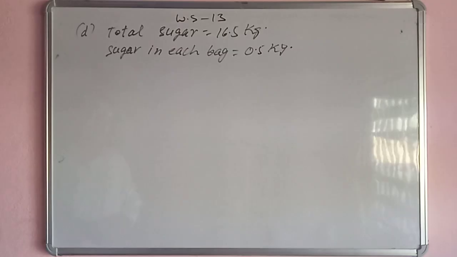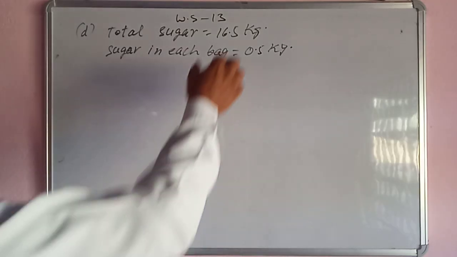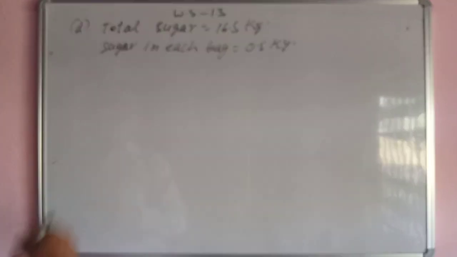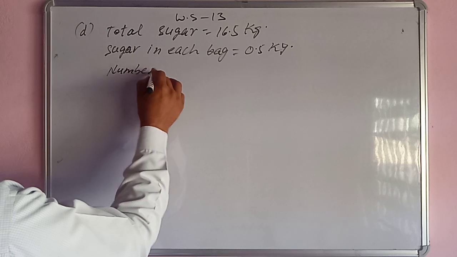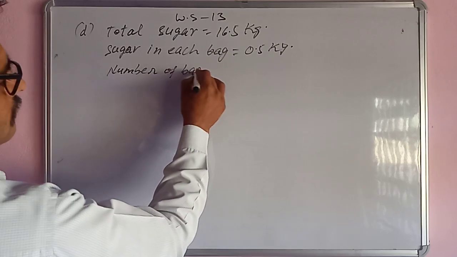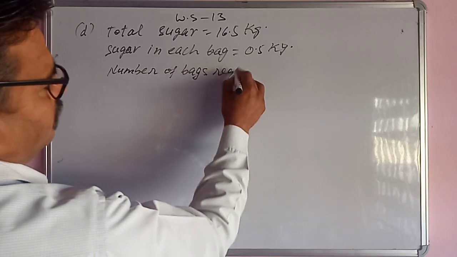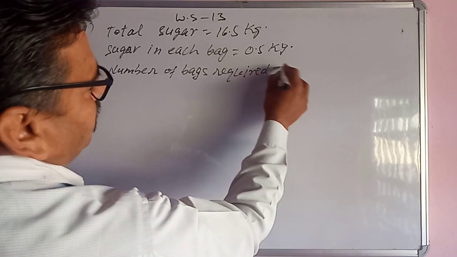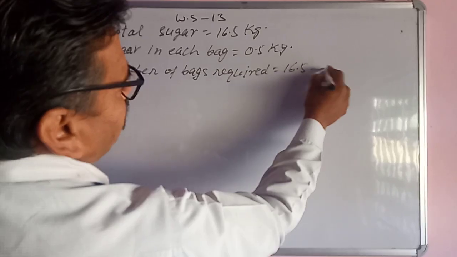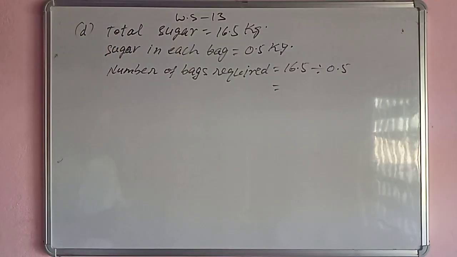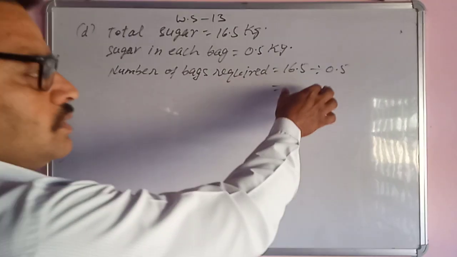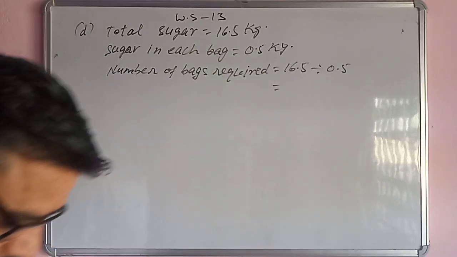The question arises here: in how many bags can we put this sugar? So the number of bags required is 16.5 divided by 0.5. When we divide 16.5 by 0.5, we will get the number of bags.